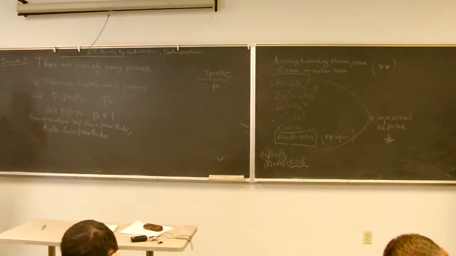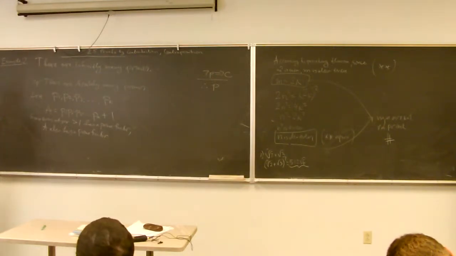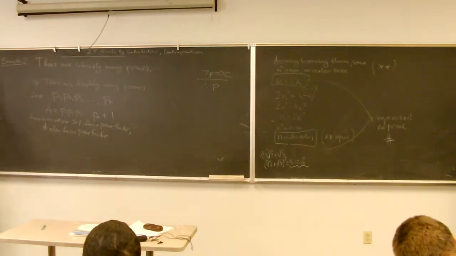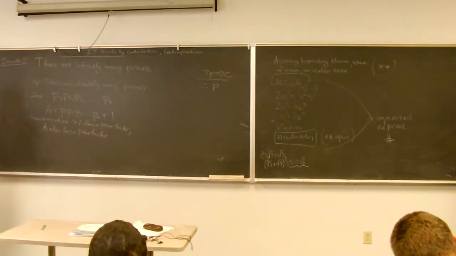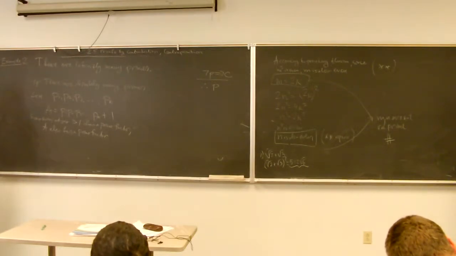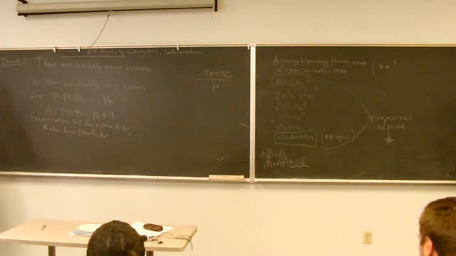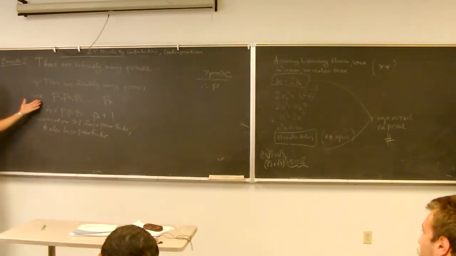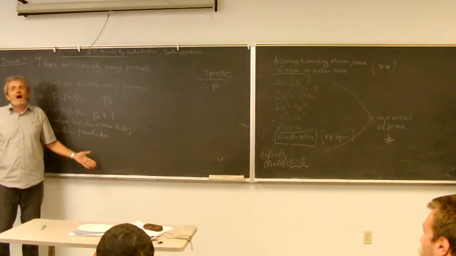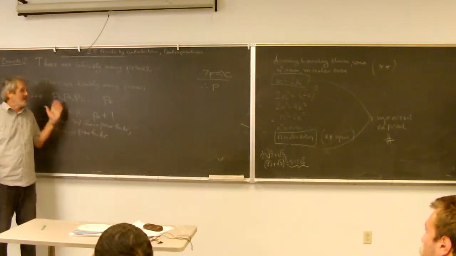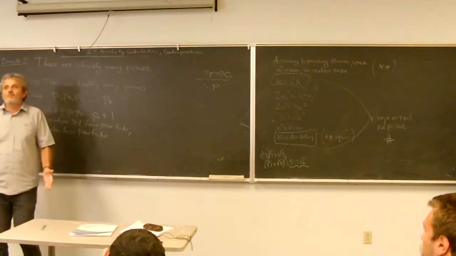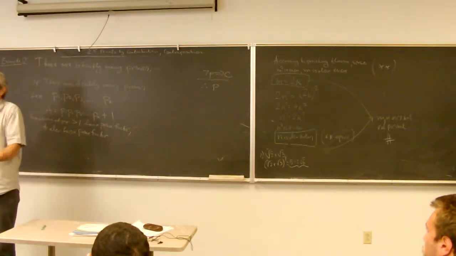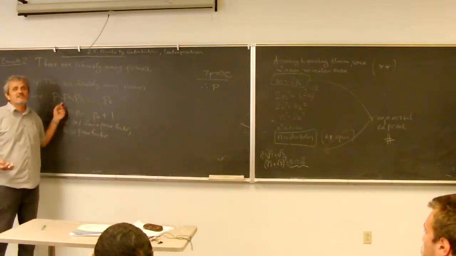So what then? If A has a prime factor, who is it? Is that factor somewhere in the list, yes or no? There are no others. Here are all the primes. So if you tell me any prime, it must be there, because that's what we assumed, that here we listed all the prime numbers. So the moment when you say, oh, I have my prime, is it on the list?